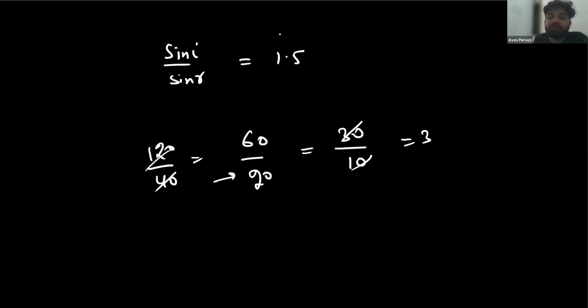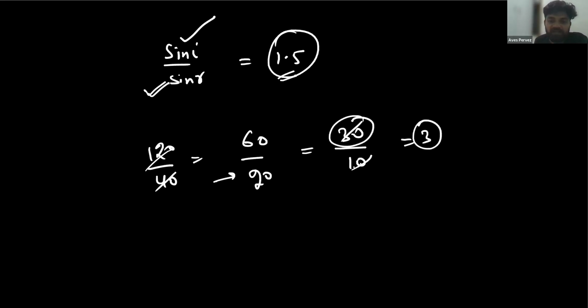So in order to keep this value constant, if I increase the numerator, then the denominator will also increase. For every medium there is a different value of refractive index, but for a particular medium it always remains constant.